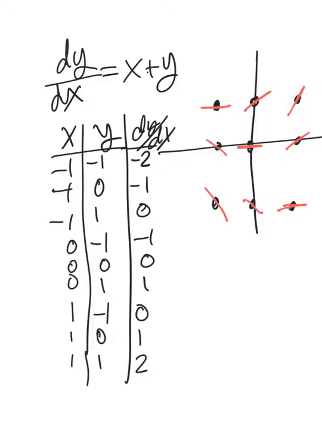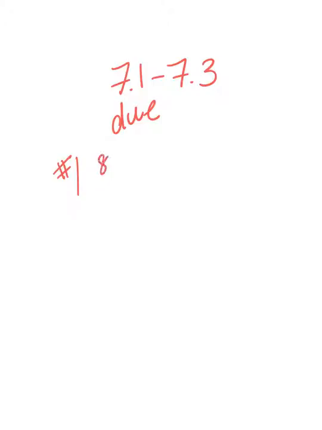So, for our assignment sheets, these are going to be your first assignments. This is 7.1 to 7.3. This is assignment number 1. Today should be the 14th.